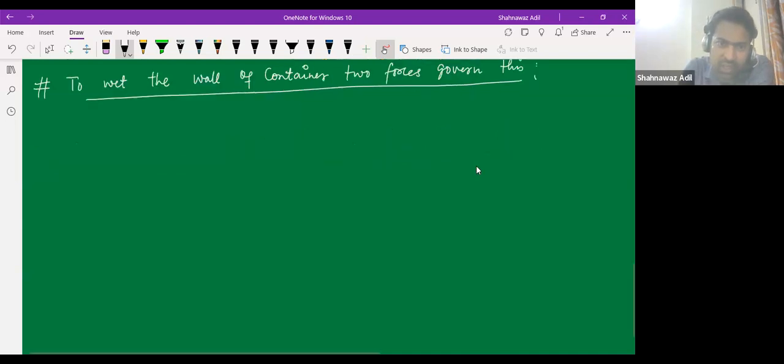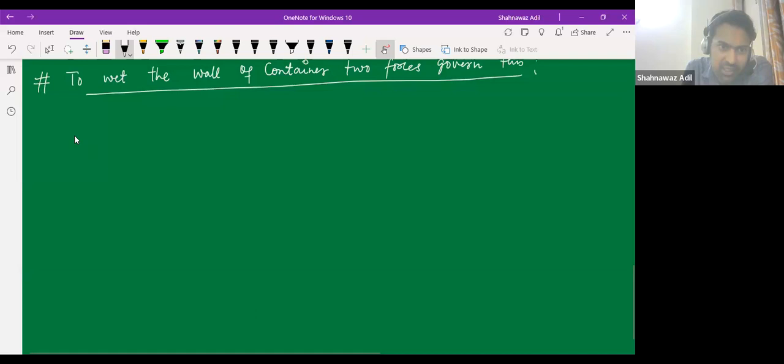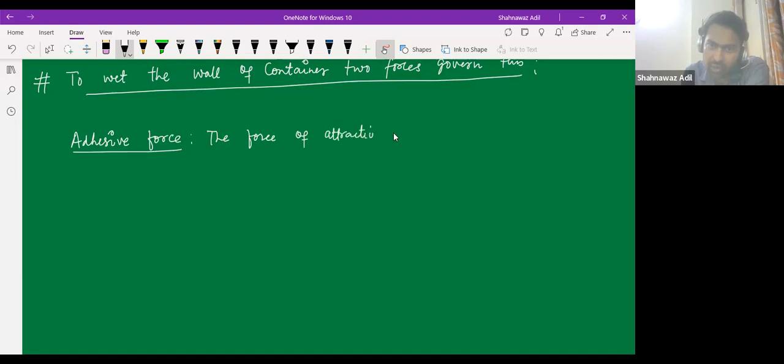So one is the adhesive force. The adhesive force is the force of attraction between different states of molecules.